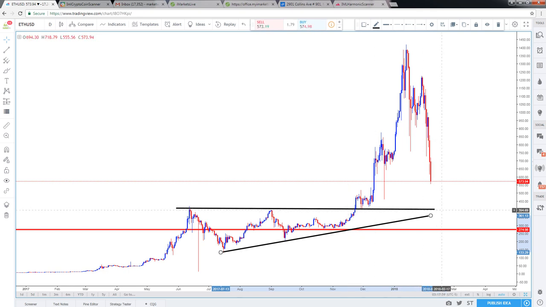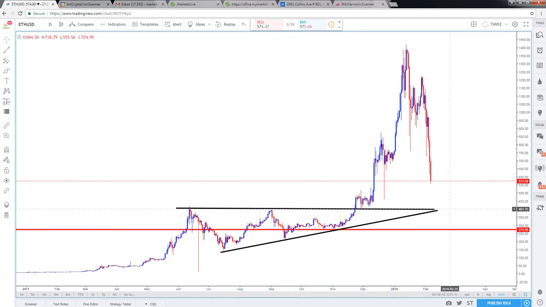And I'm just wondering if it actually can go back to where it broke out from. It's not too far from there. So it would be interesting to see if it gets back down to the 400 level. That would be rare after such a large breakout, but to get down there would be extremely interesting.